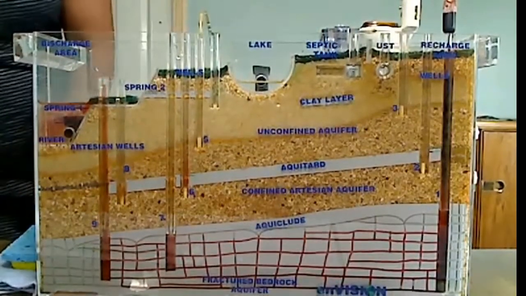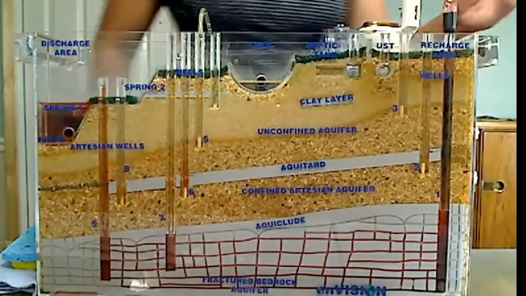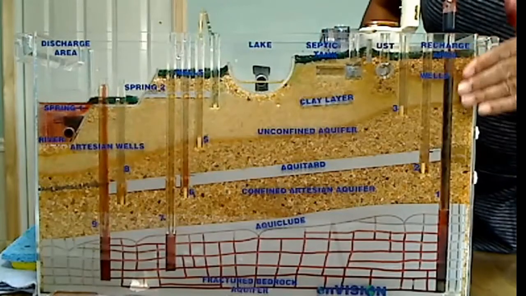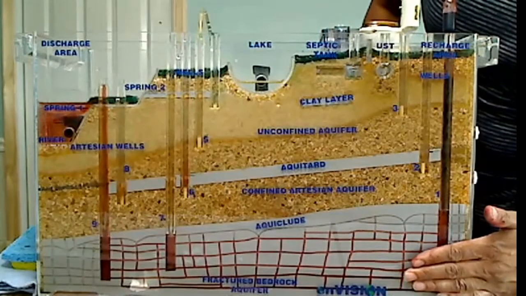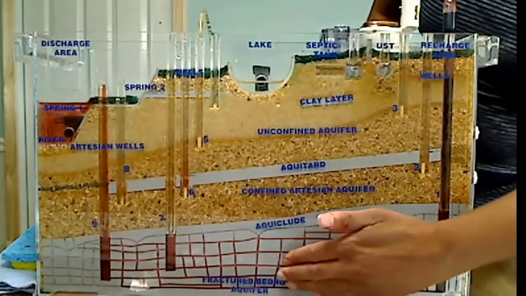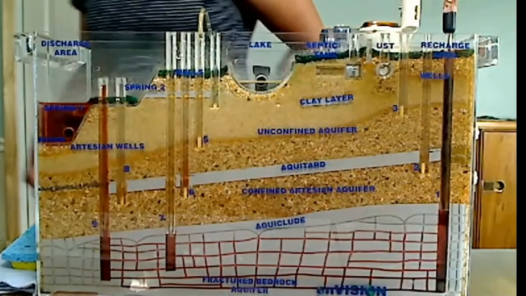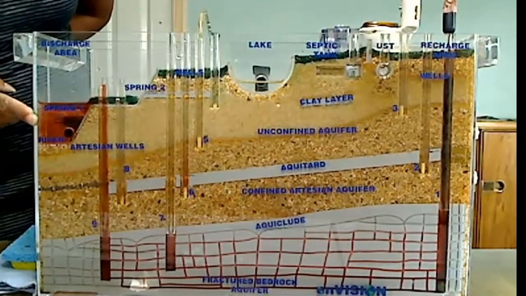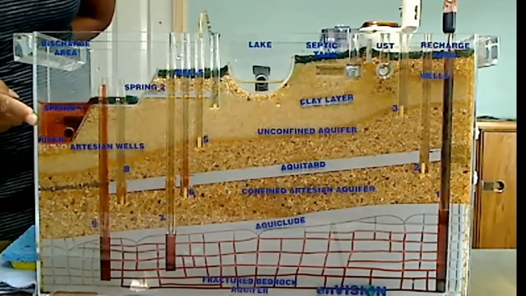So now you can clearly see the connection of something that happened at the land surface. If it goes into this aquifer, so it moves into the groundwater, and then it keeps moving and moving until it discharges again. So that's groundwater surface water interaction.